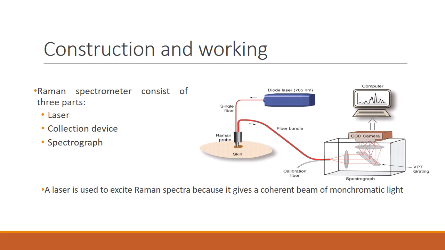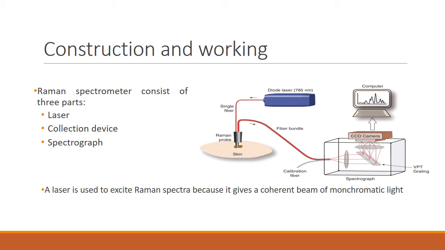So in order to get enough Raman scattering, you must give high intensity monochromatic laser beams, which exhibit good wavelength stability and low background emissions without any energy loss.